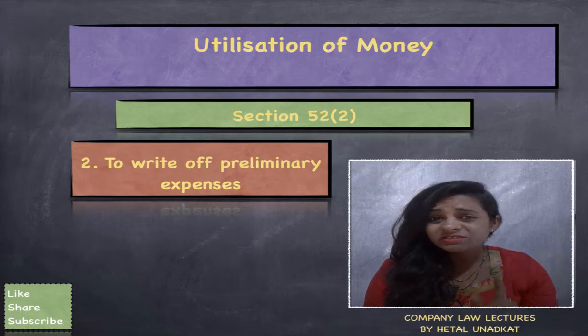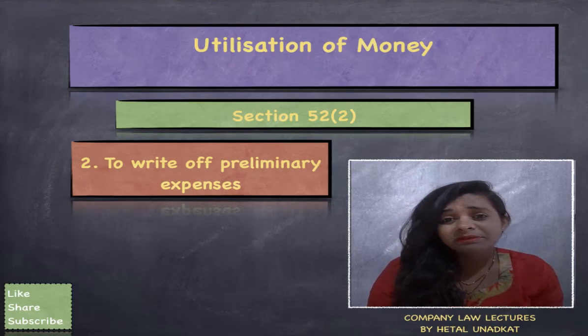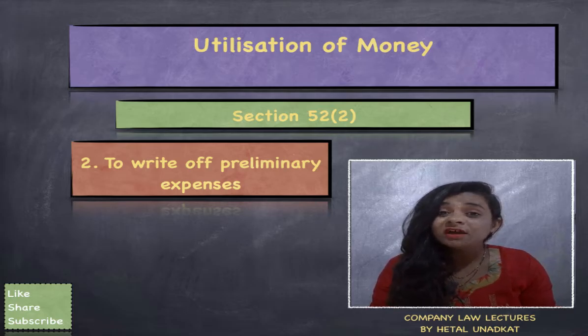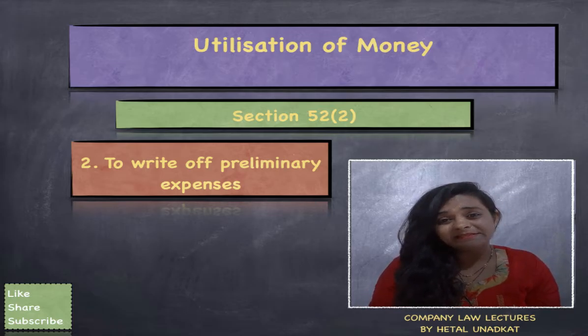The second use of the security premium amount is to write off the preliminary expense.